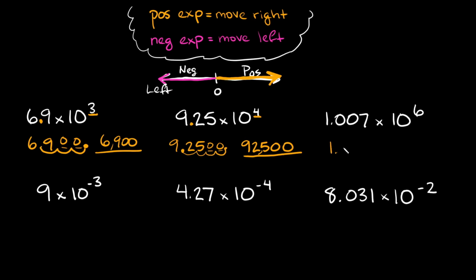Okay, next one right here is 1.007 times 10 to the positive 6. Right? So 1.007, and then we're going to move our decimal 6 times, right? And since this is positive, we're going to move it to the right. Okay, so we're going to go 1, 2, 3, 4, 5, 6. Okay, that's where it's going to go. And then we have 1, 2, 3 empty place values, right?